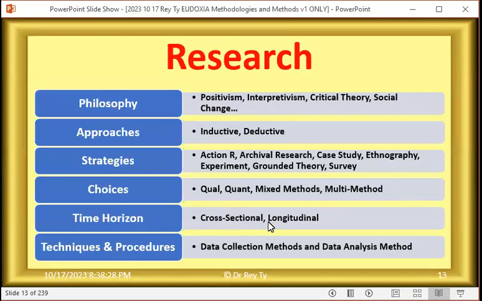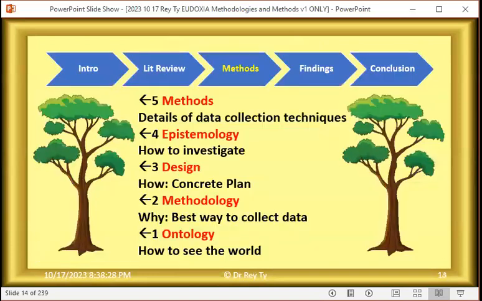And time horizon, are we looking at one given moment in time, or are we looking at over a period of time? Usually, quantitative research go over 30 years of record for it to be considered as valid for quantitative generalization of macro studies. And then techniques and procedures, that's what we call as research methods and research data analysis.